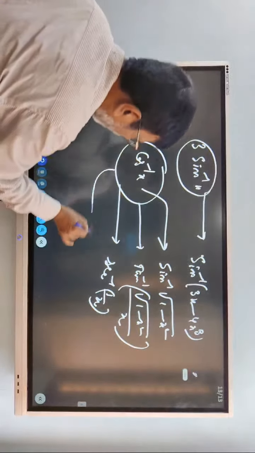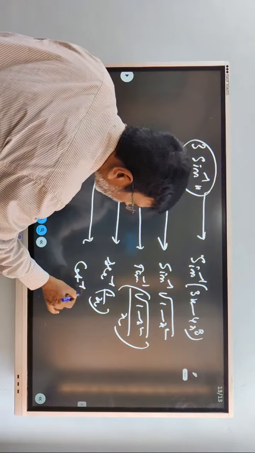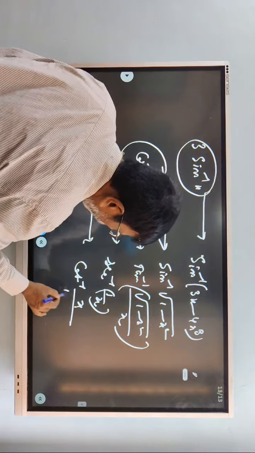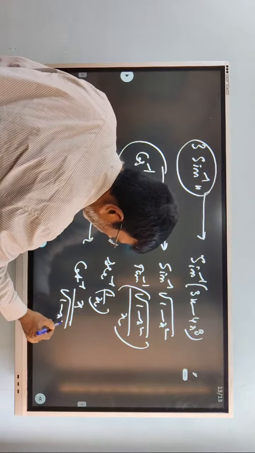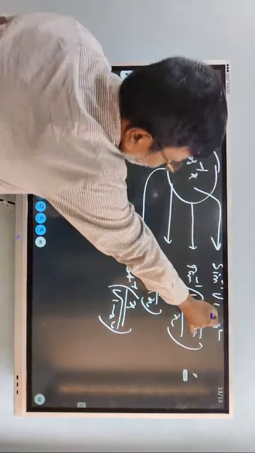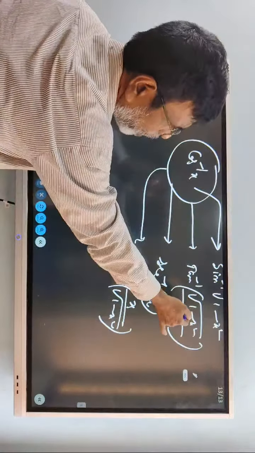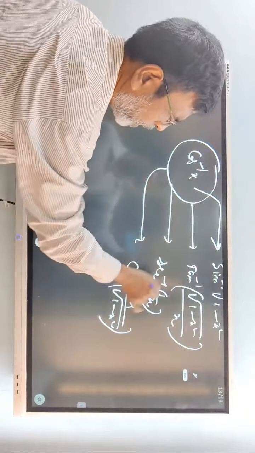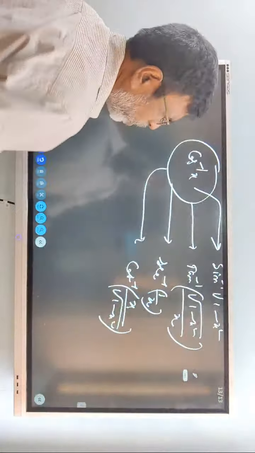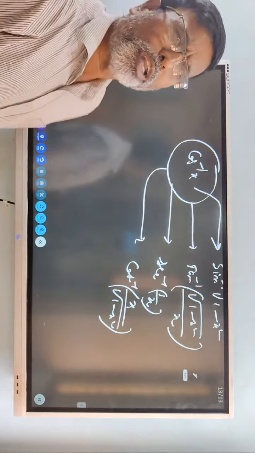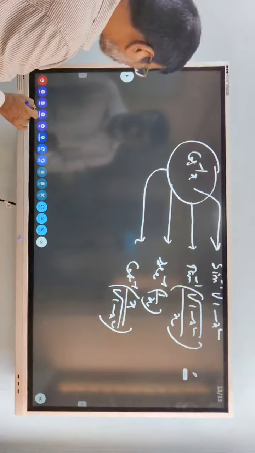If you want cot inverse, that is cot inverse x by root of 1 minus x square. So these conversions are mostly helpful in solving problems. Cos inverse x: sine inverse root of 1 minus x square, tan inverse root of 1 minus x square by x, secant inverse 1 by x, cot inverse x by root of 1 minus x square.